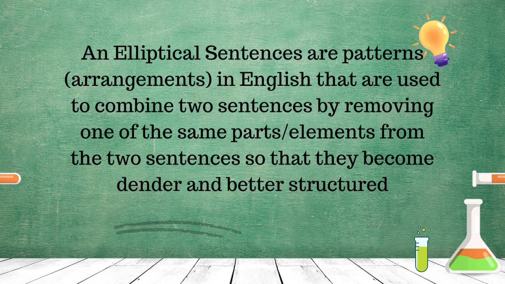So and too are used to join two positive sentences, and the pattern is sentence 1 plus and plus so plus auxiliary verb plus subject. And the second one is sentence 1 plus and plus subject plus auxiliary verb plus too.